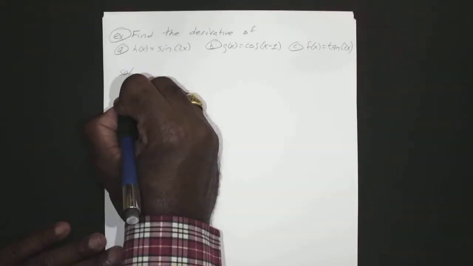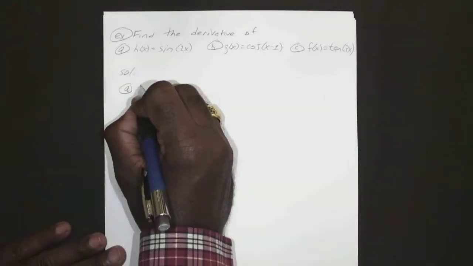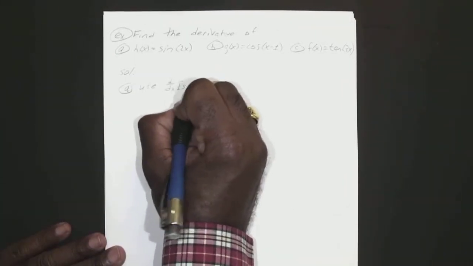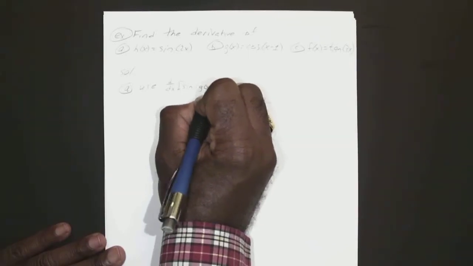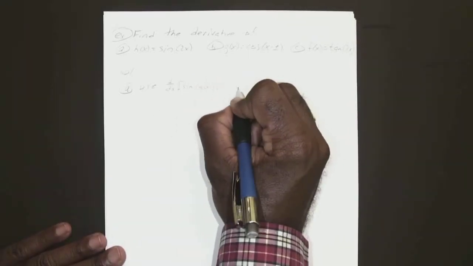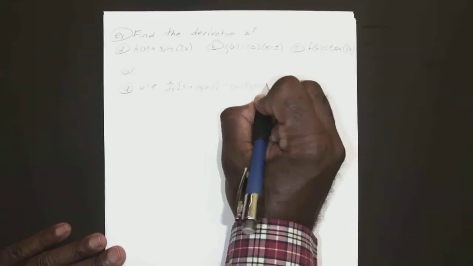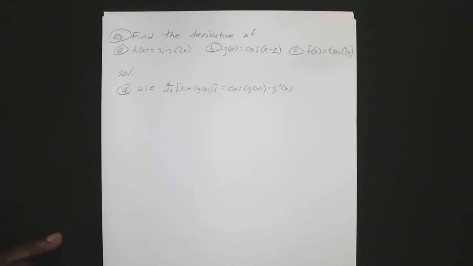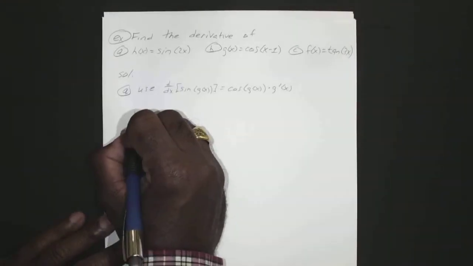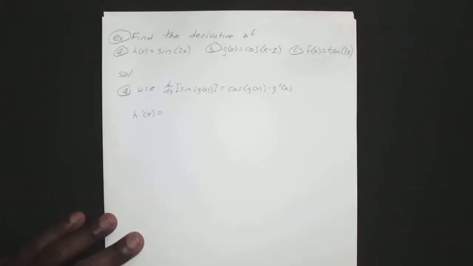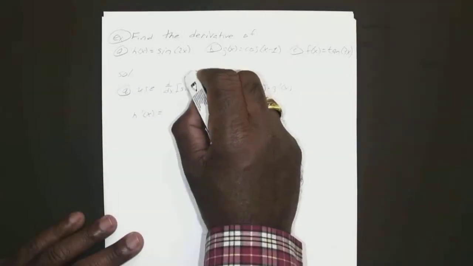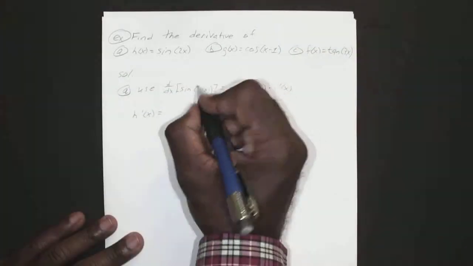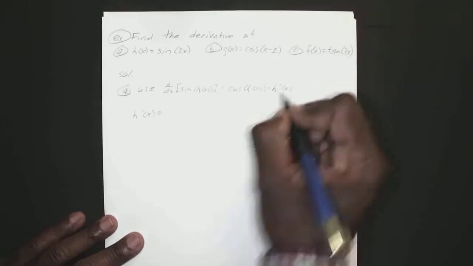Okay, so for A, of course you're going to use the derivative of sine of g of x equals cosine of g of x times g prime of x. So we know our h prime of x, well, should have been h of x in there. Let me make sure that's the same there to avoid confusion.